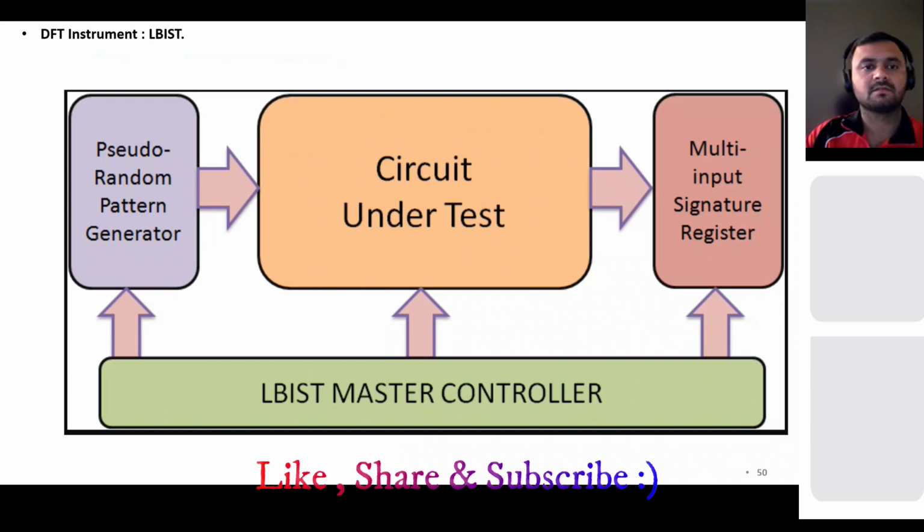Now the other thing is logic BIST. Logic BIST is similar to memory BIST. It has a circuit under test, and it has the logic BIST controller, which generates the control signals for the test. You have a random pattern generator here, and you have a signature register, and a comparator will be here.